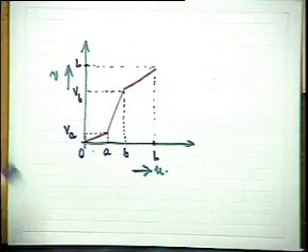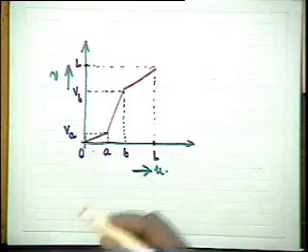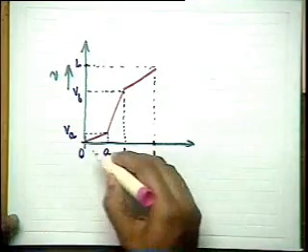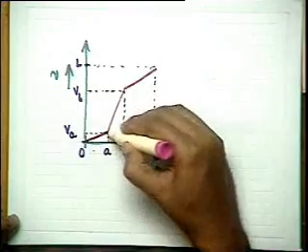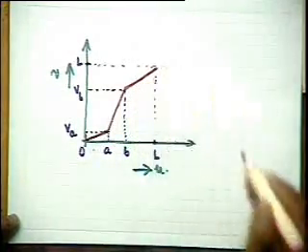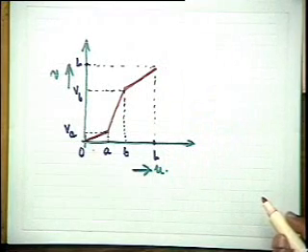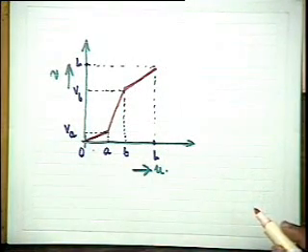In this type of transformation function, the transfer function can be divided into 3 distinct regions. First is this straight line, the second part is this straight line, the third part is this straight line. And just observe one thing, that the slopes of these three straight lines are clearly different from each other.